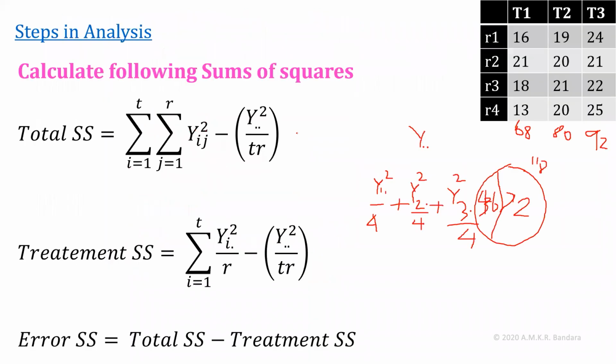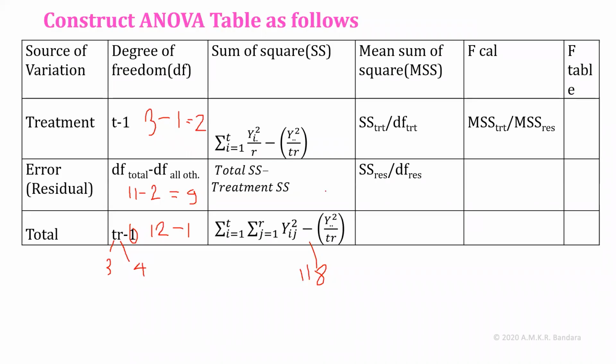For this data set, it was 72. Now we know the total sums of square and the treatment sums of square. Now we need to calculate the residual sums of square, or error sums of square. That is equal to total sums of square minus treatment sums of square, this part minus this part. It is equal to 46.